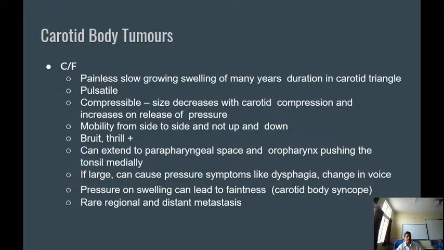The clinical features are swellings present in the carotid triangle, which we described, and they are compressible because it's a vascular thing, and sometimes you may feel a bruit or thrill, and pulsations are felt.